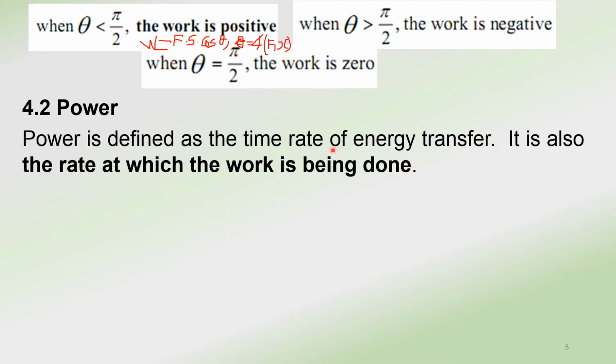Then this means that the power is defined as the time rate of energy transfer, or actually called the time rate of doing work. Mathematically, we see that the power is equal to the change in work per unit time, how the work is changing in unit time.